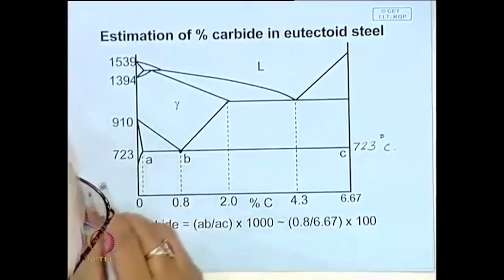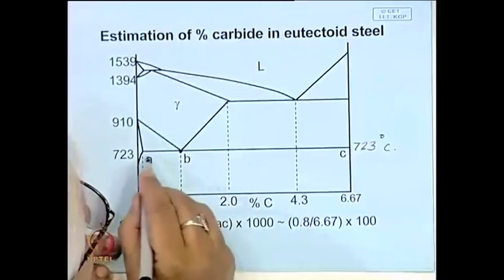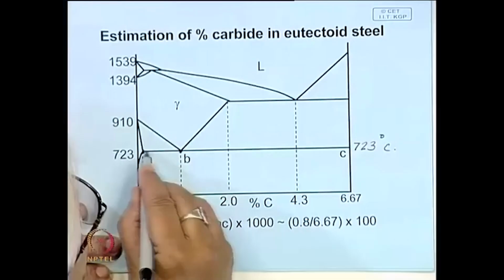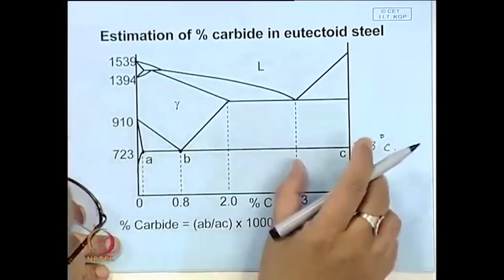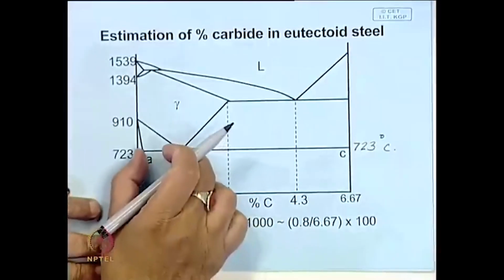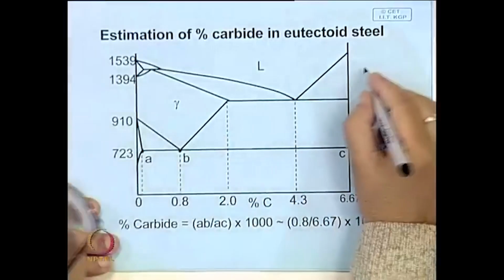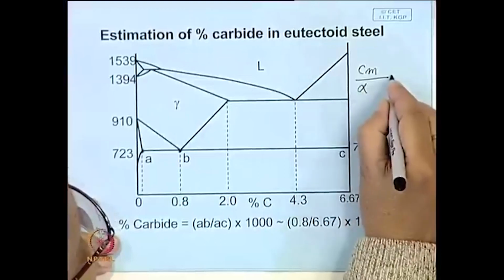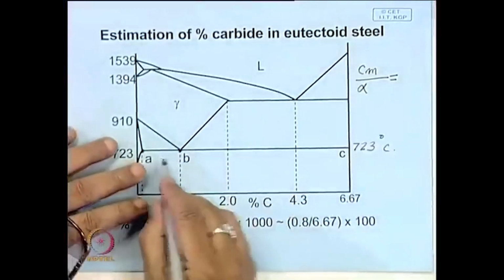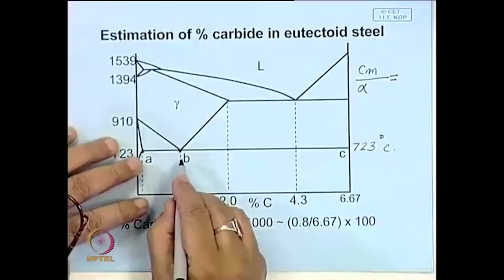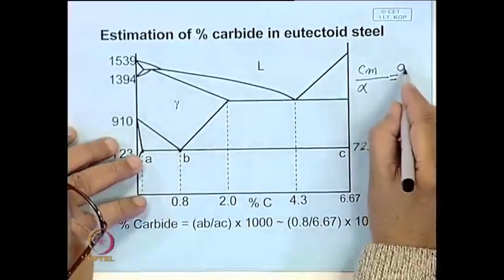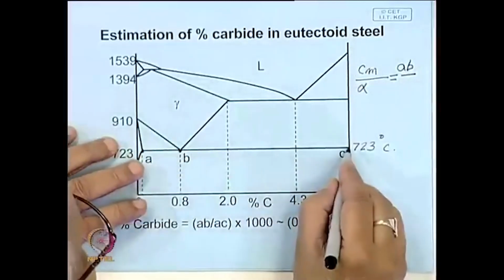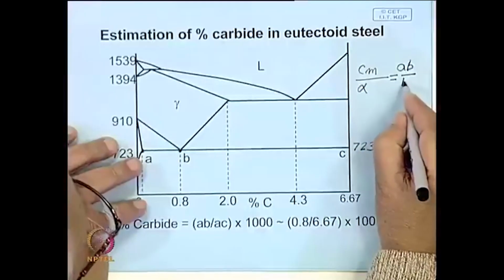Here you can apply the lever rule. Just below this eutectoid temperature, the amount of cementite over ferrite will be proportional to this part, cementite is proportional to A B, and ferrite is proportional to B C.